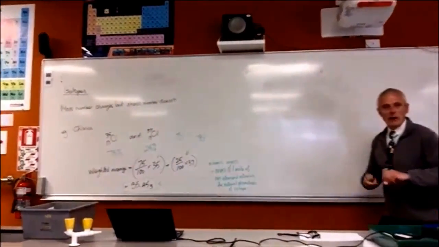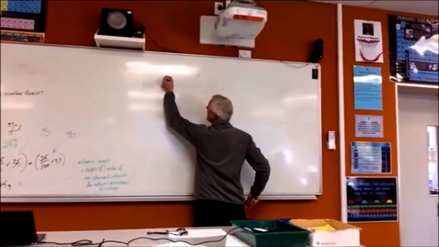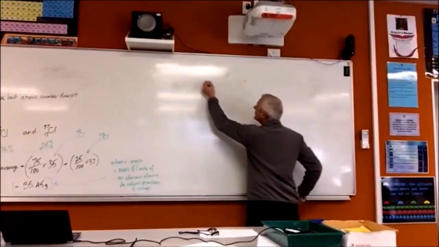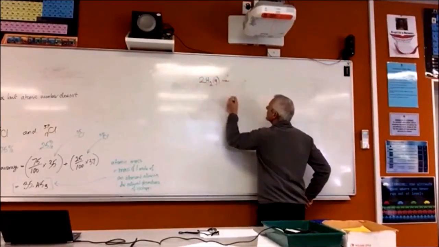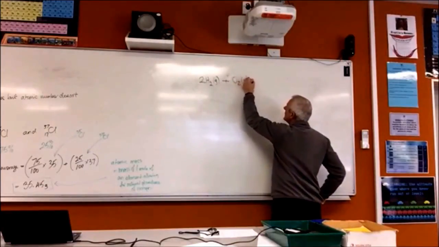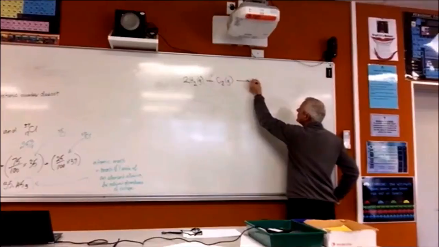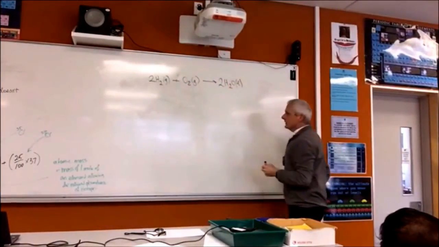Now let's go back to our original equation that we dealt with. So the equation we dealt with was 2H2(g) plus O2(g) going to 2H2O(l), liquid.